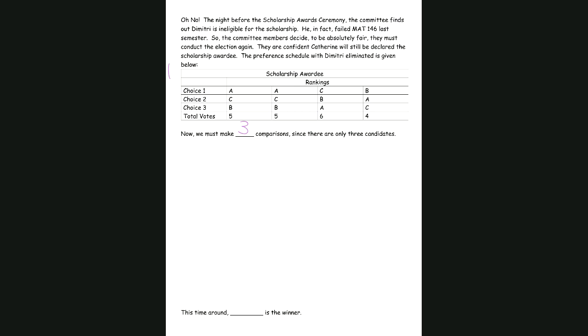But if we vote again with Dimitri eliminated, watch what happens. So I need to compare Anastasia and Catherine. I need to compare Anastasia and Boris. And then I need to compare Boris and Catherine.